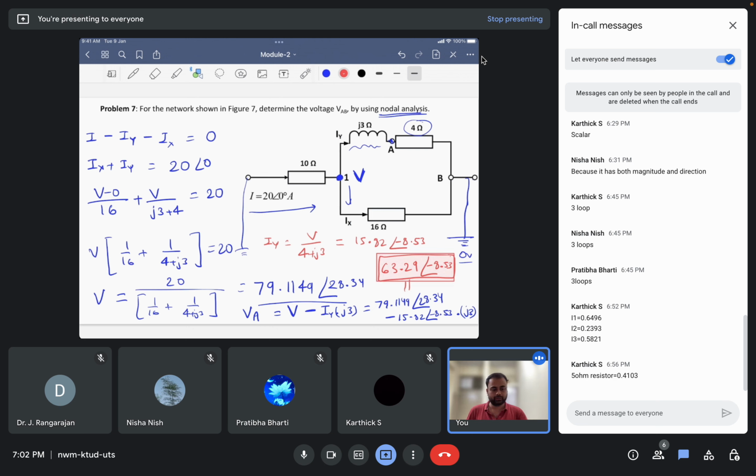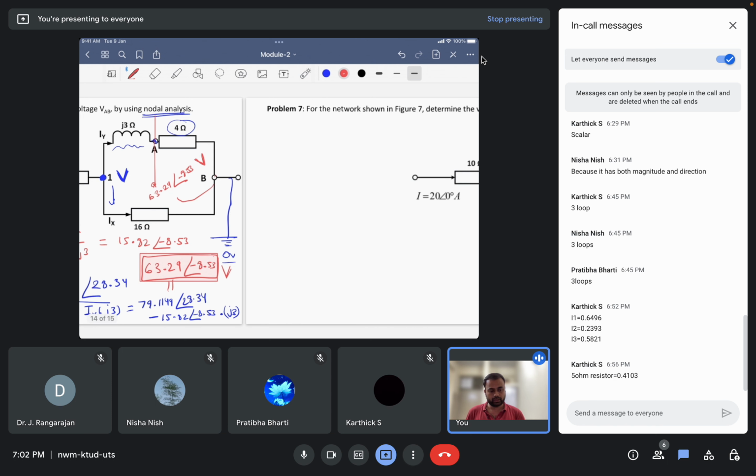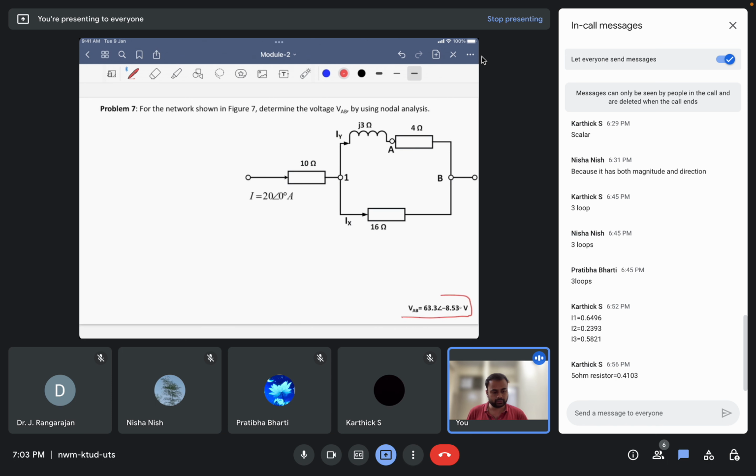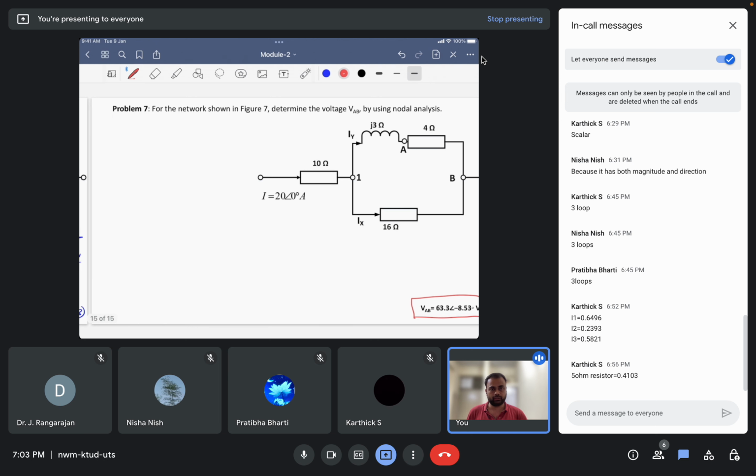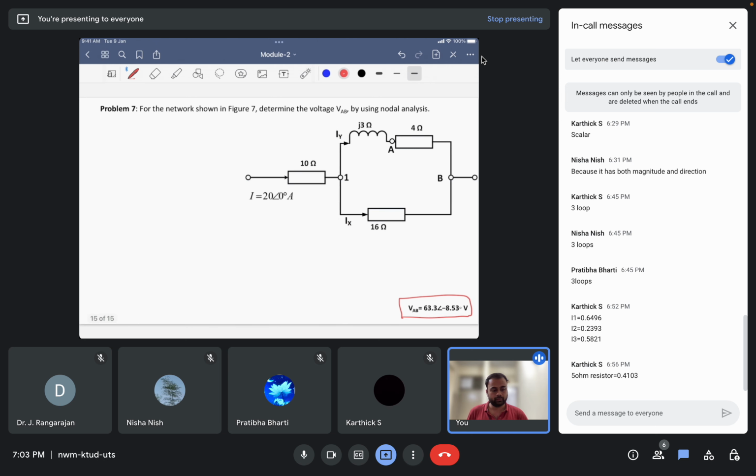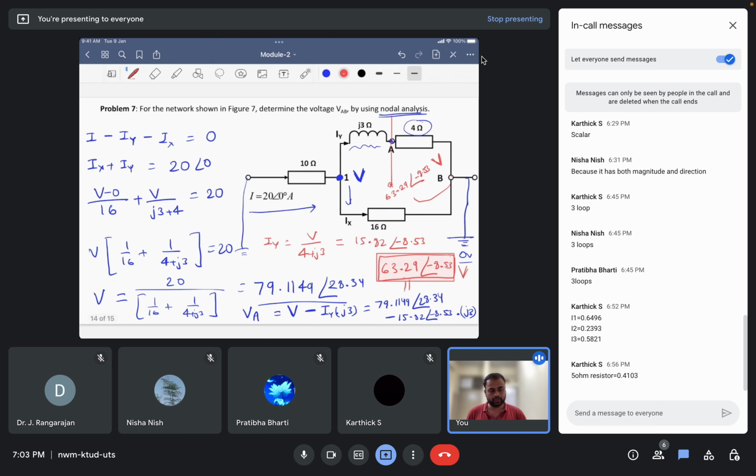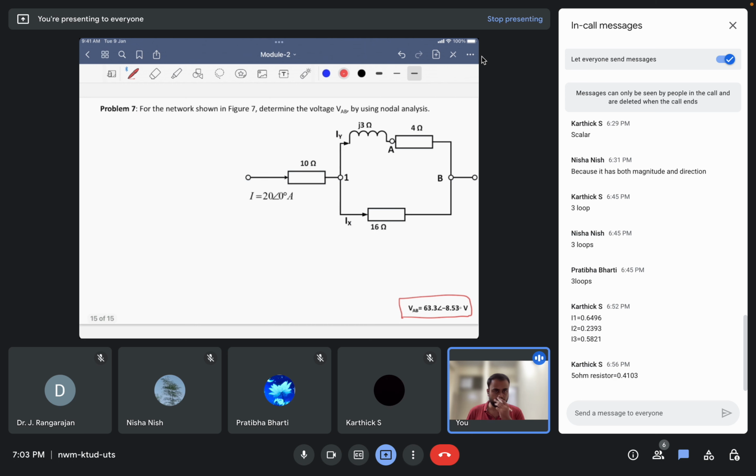This is the voltage drop across these two nodes, VAB, that is 63.29 with phase angle minus 8.53, in volts. So hope this question is clear. So the answer is 63.3 angle minus 8.53. Yeah, so we got the answer.